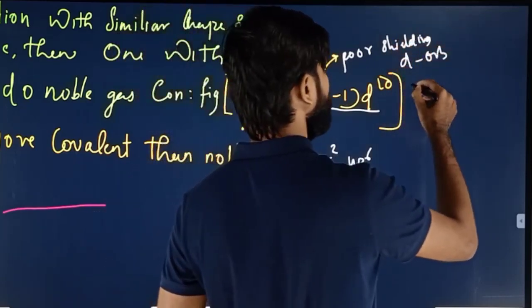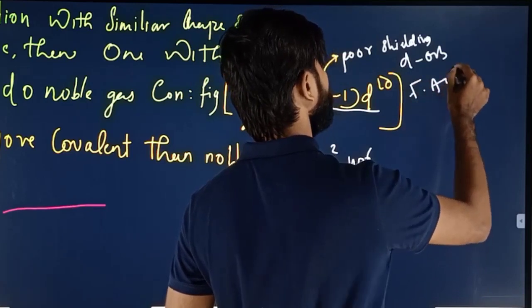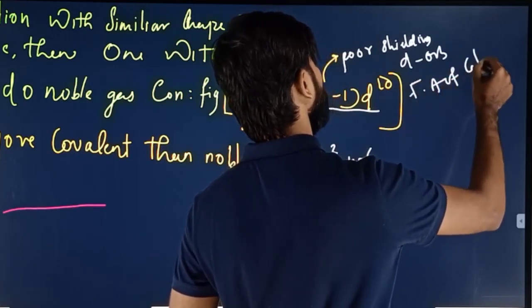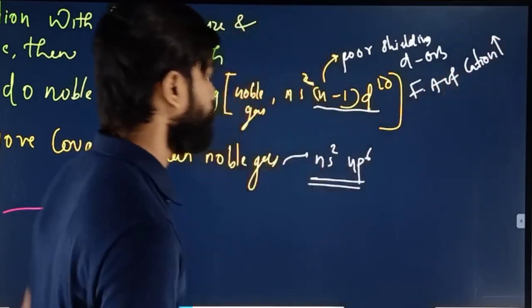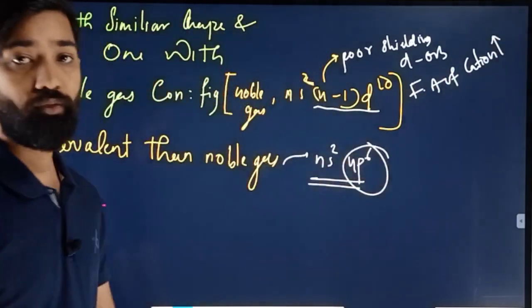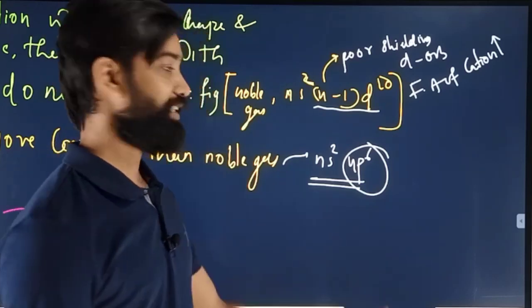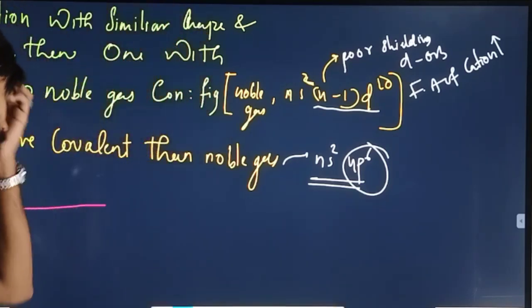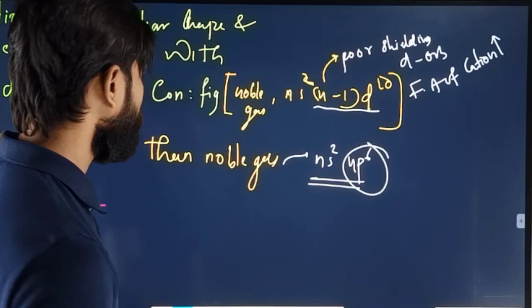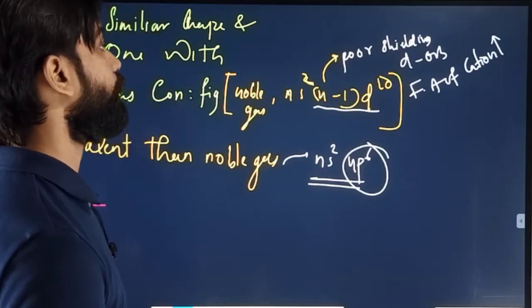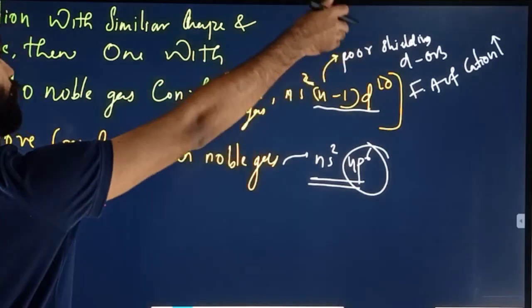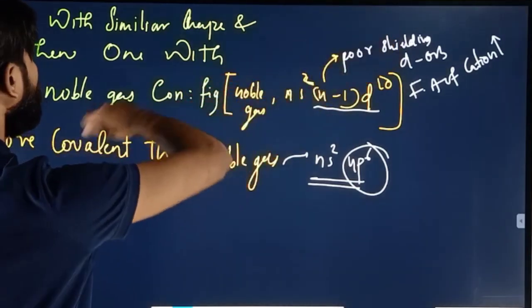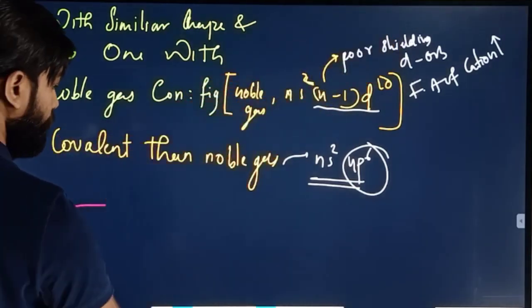Due to the poor shielding of the d orbital, the force of attraction of that cation is higher. Poorer the shielding, greater the force of attraction. In the noble gas case the valence electron is in a well shielded p orbital. So poor shielding brings greater force of attraction in the cation, so greater polarizing power, greater polarization, greater covalent character in pseudo noble gas configuration. Okay, fine.